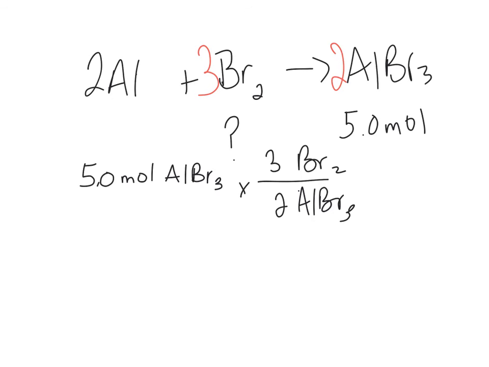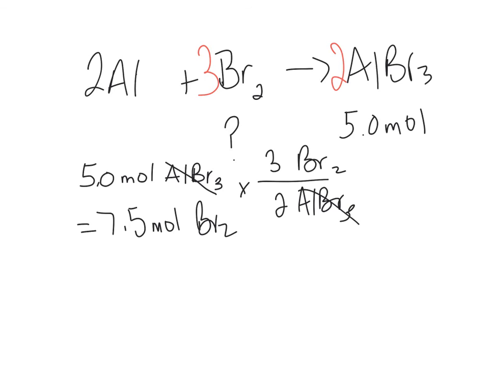Aluminum bromide will cancel. So now you're left with moles of bromine. So 5 times 3, 15, divided by 2, 7.5.